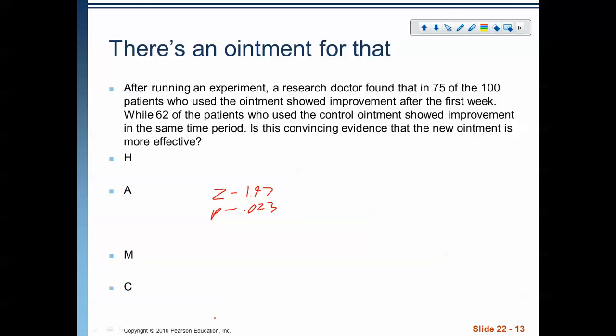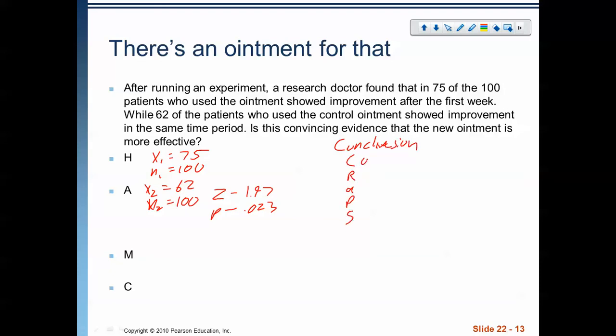The other information I want to put down is everything that I put down on that calculator wizard, which is 62, and that's 100. Okay. So there's my p-value, 0.023. So the last step here is to write my conclusion. And remember, when we write our conclusion, we take a CRAPS.